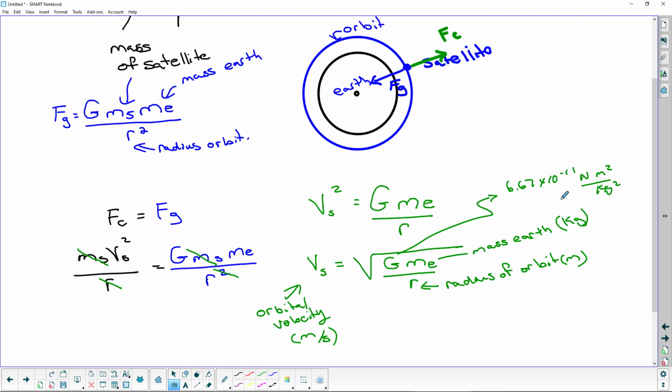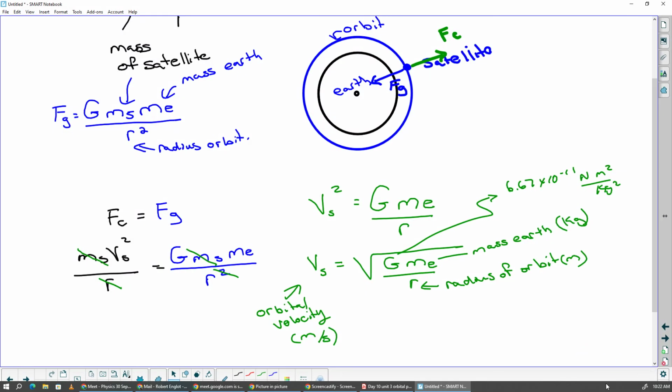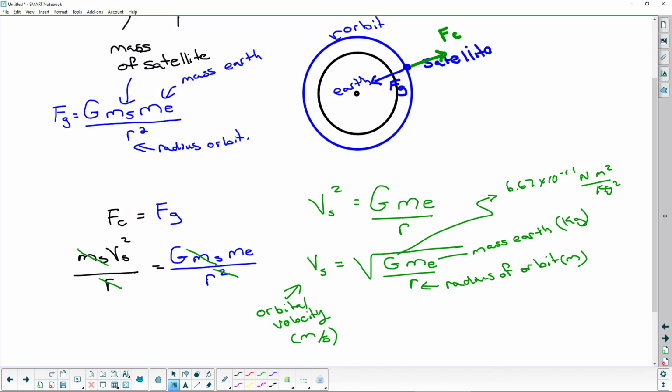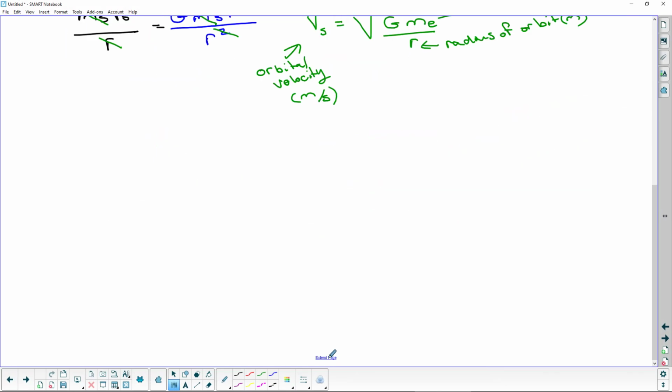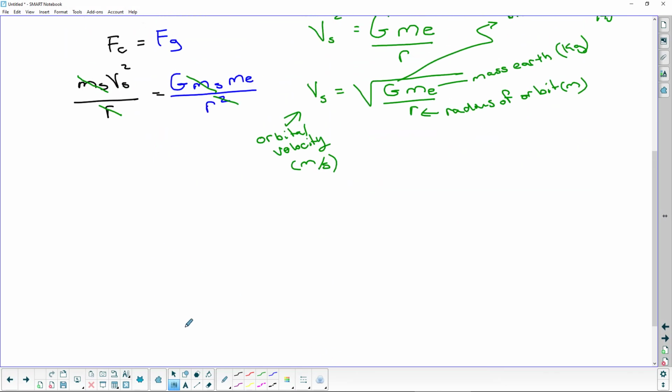So we'll do an example of how we could get an orbital velocity at a certain height, and then we'll do orbital period after that. Let me dig up the constant for the mass of the Earth. Let me type it so it's neater.